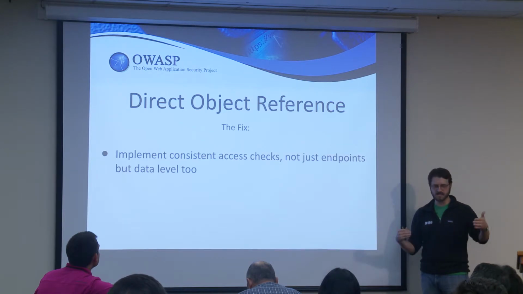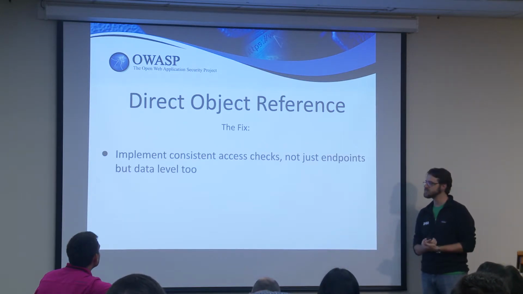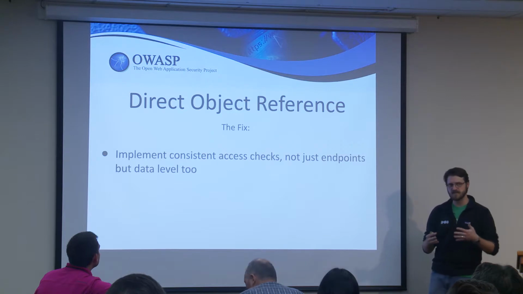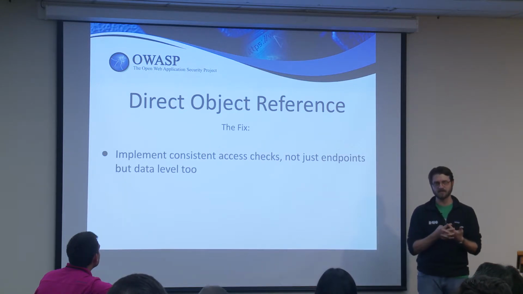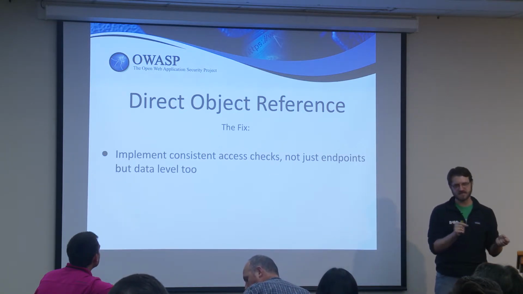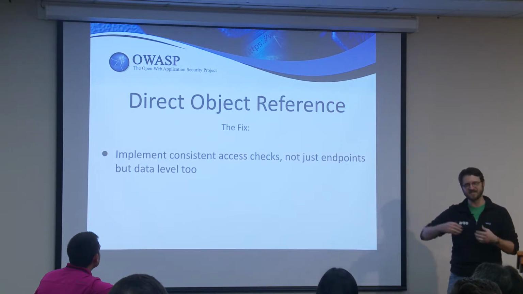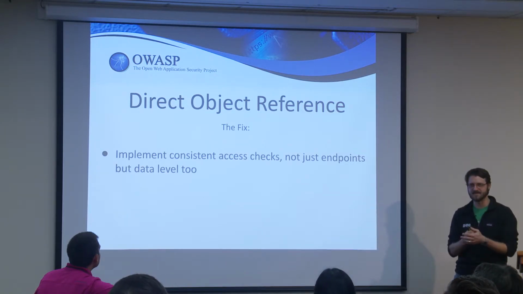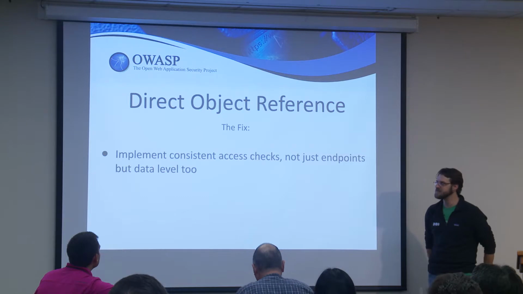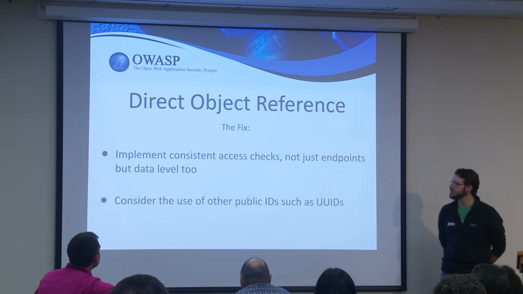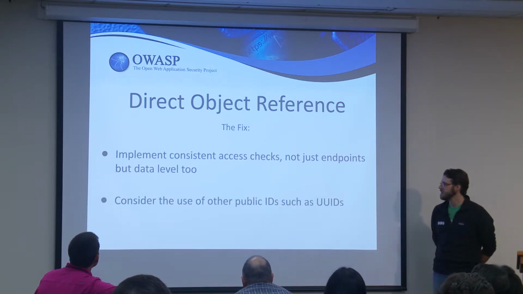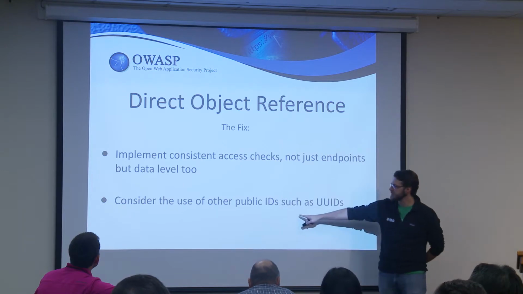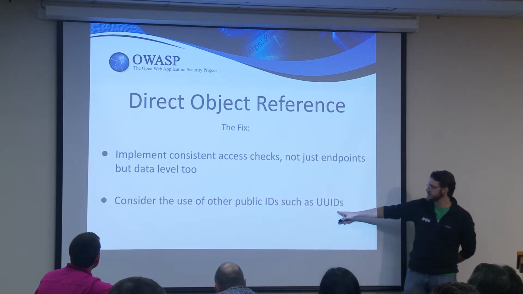With ORMs and helpful functionality like that, it's super easy to just say, select all this information and then spit it all out. And if you're not filtering it based on what you need to, then you could be exposing a lot more than you should. Like I said, consider the use of public IDs, such as UUIDs.